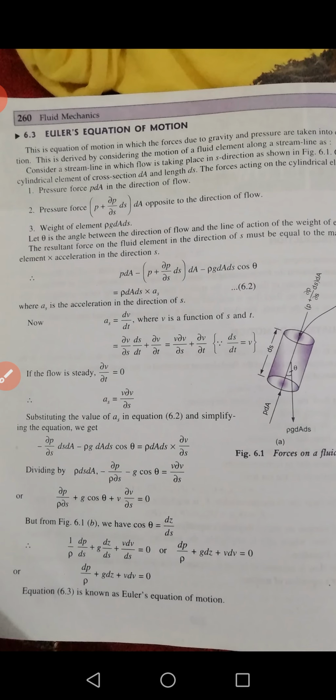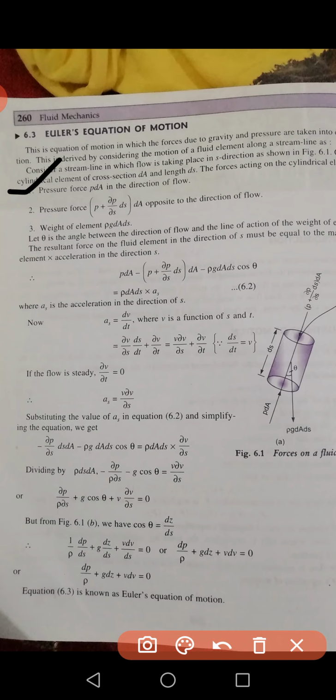First, the pressure force PdA in the direction of flow. Second, the pressure force P plus del P upon del S into ds, whole multiplied by dA, in the direction opposite to flow. And thirdly, the element weight, that is rho g dA ds.